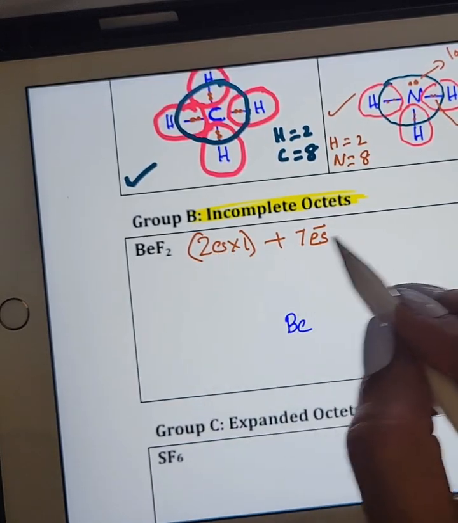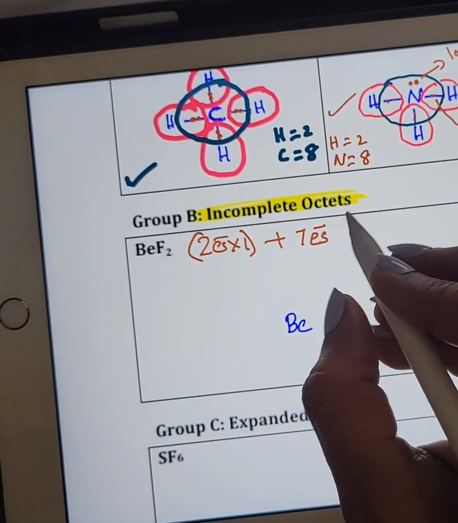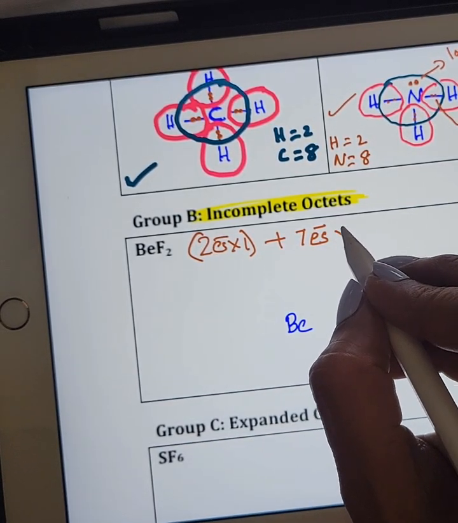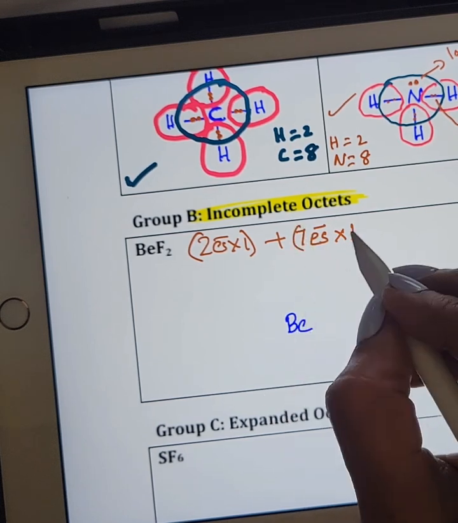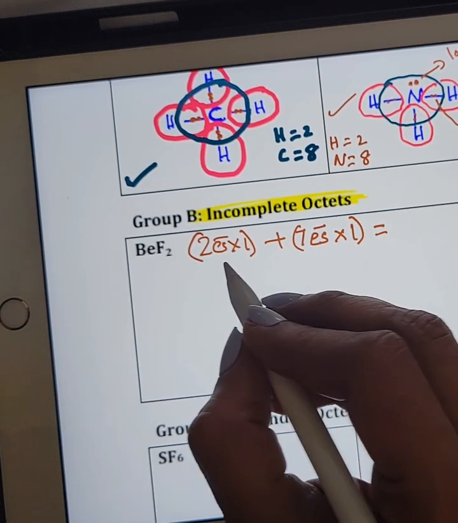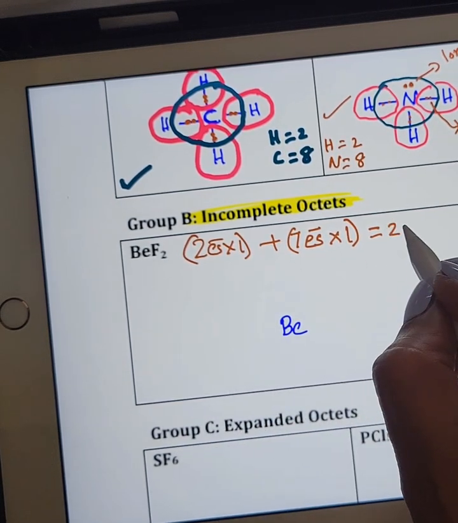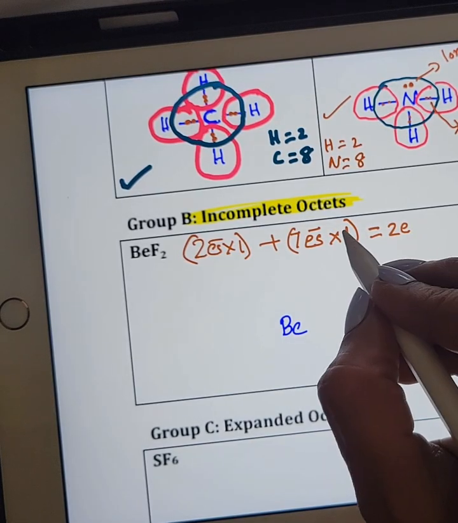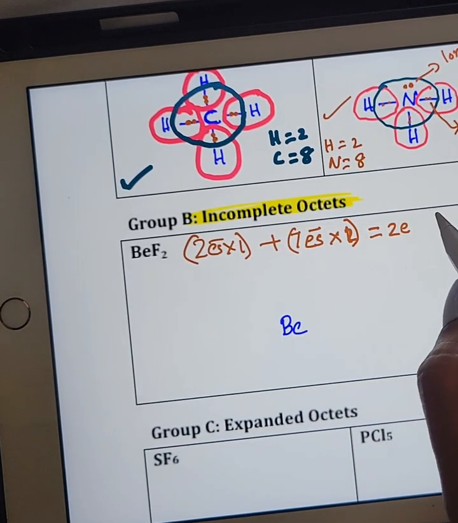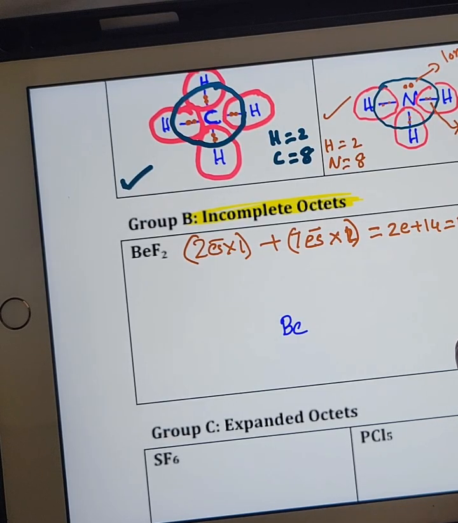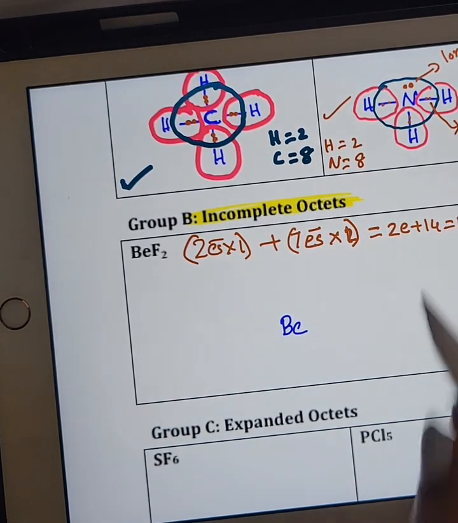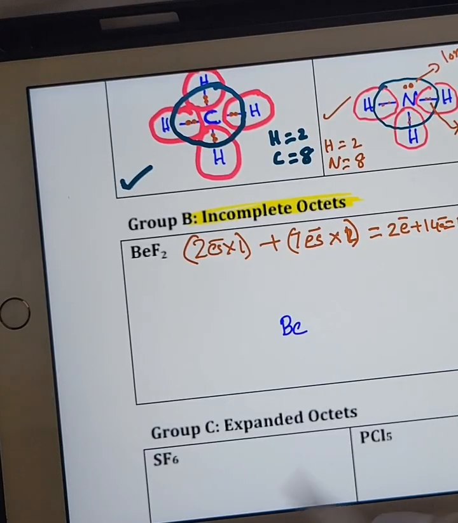You can put ES or E. Sometimes I'm not consistent, okay? Don't worry about that. Just 7 electrons times 1. So it is 2 plus 7 electrons times 2, okay. 2 plus 14, so total how many electrons? 16 electrons.